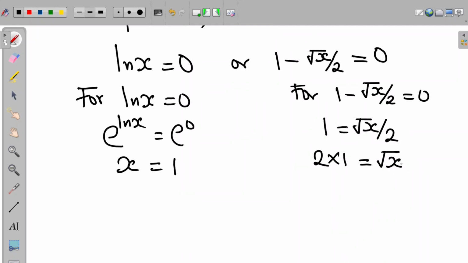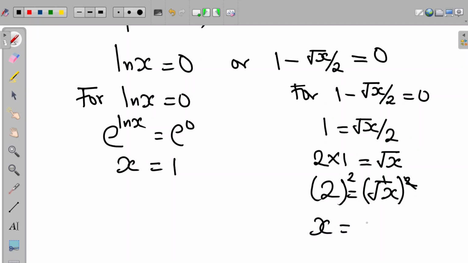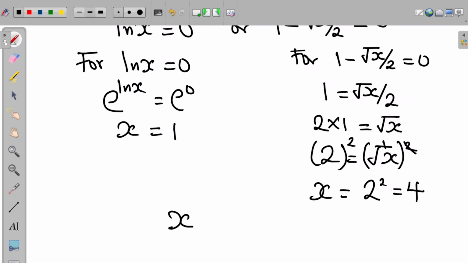So 2 times 1 is equal to 2 equal to root x. Now, if we square both sides, we have that squared cancels out square root. So x is equal to 2 to the power of 2, which is equal to 4. Thus, we have that x is equal to 1 and x is equal to 4.